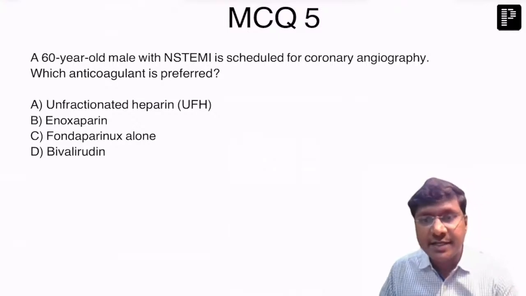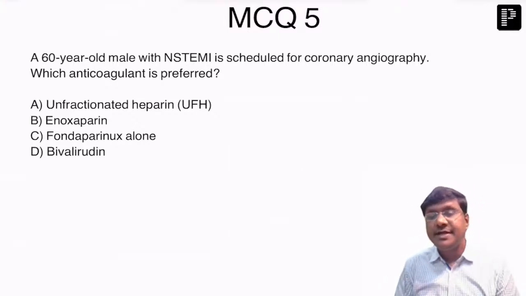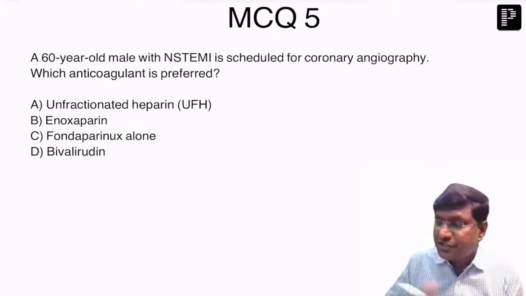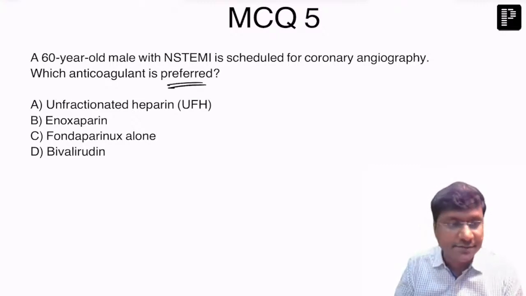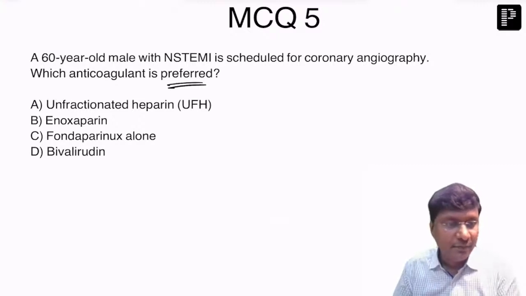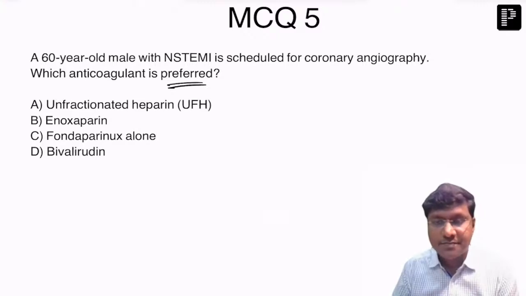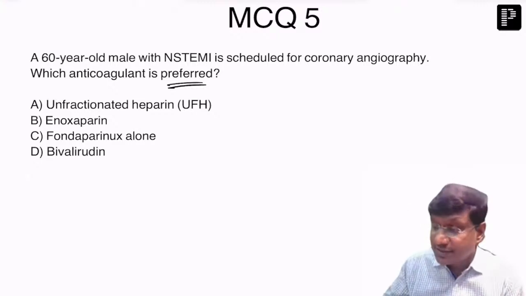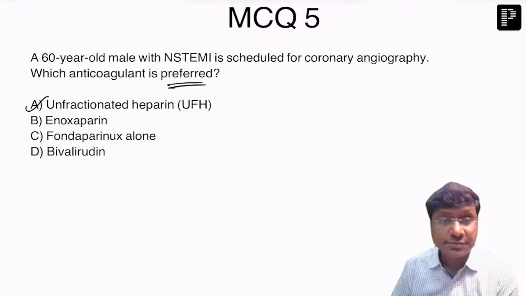Right, a 60-year-old male with NSTEMI is scheduled for coronary angiography. Which anticoagulant is preferred? Right, that is the unfractionated heparin.